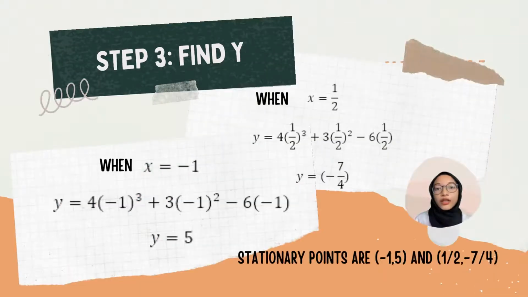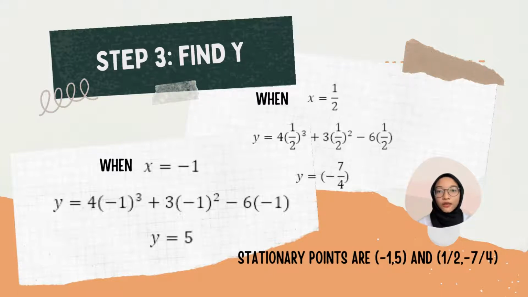For step 3, you have to find y. When x equals negative 1, replace the x in the first equation with negative 1. So y equals 4 times negative 1 power of 3 plus 3 times negative 1 power of 2 minus 6 times negative 1. So we get y equals 5. Next, when x is 1 over 2, we replace the x in the first equation with 1 over 2.